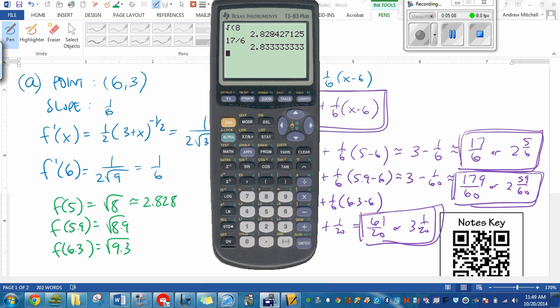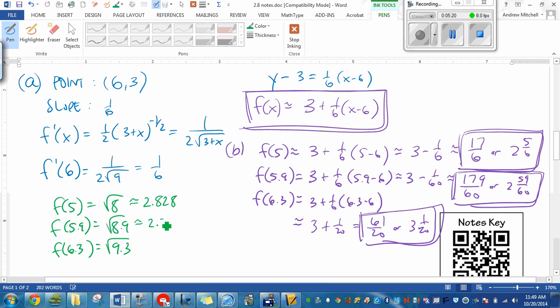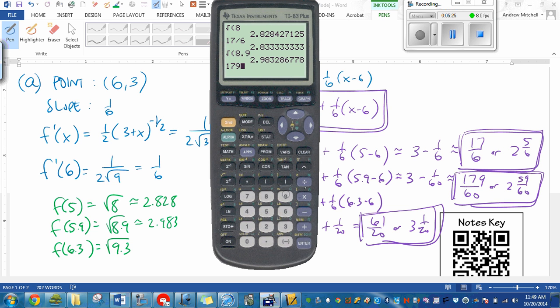So that's about 5 thousandths off. Not too bad. Alright, let's look at square root of 8.9. It comes out to 2.983. Our approximation for that one was 179 divided by 60. Rounded to 3 decimal places, we get the same answer.